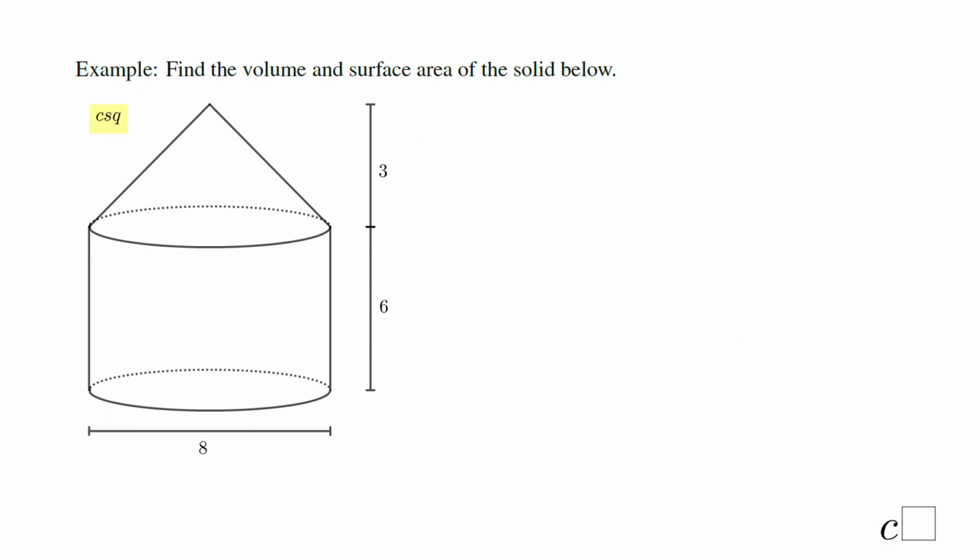Another example, we have a cylinder and a cone, very similar to the other one, just now we have a cone, and in the other one we had a cylinder and a sphere. So the volume will come from two pieces, the cylinder, pi r squared h. That will be pi times the radius.